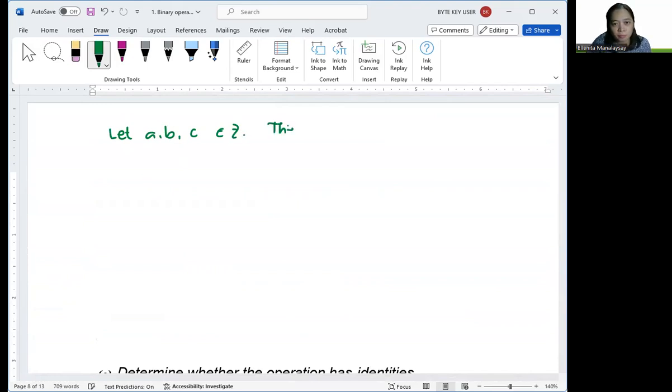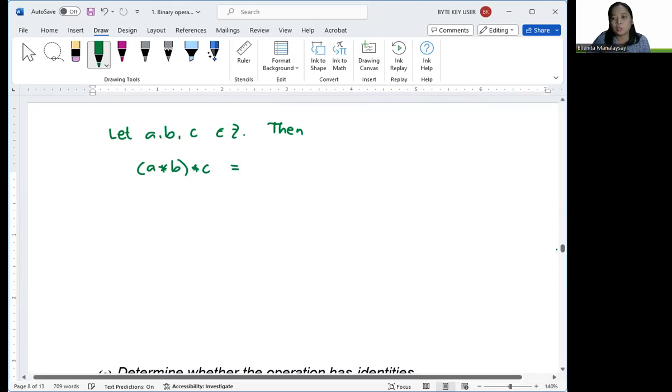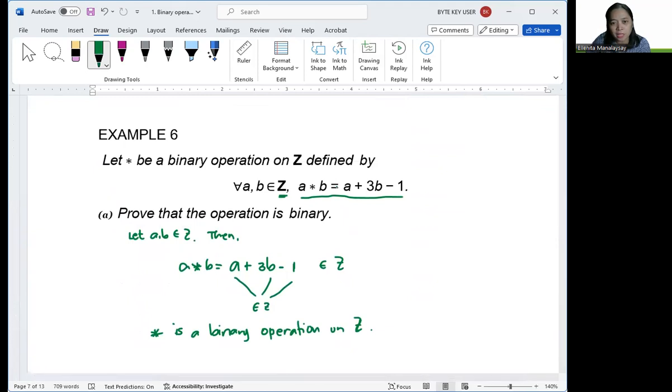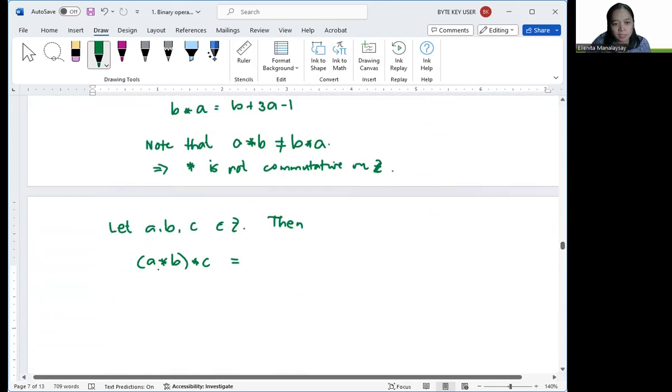Then we have A star B star C. Again, let's review how we define A star B: we take the first term plus 3 times the second term minus 1.